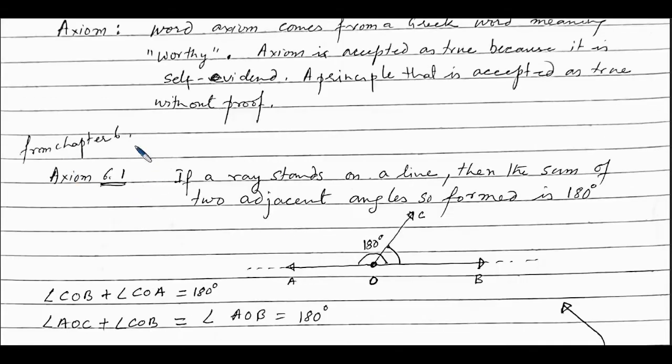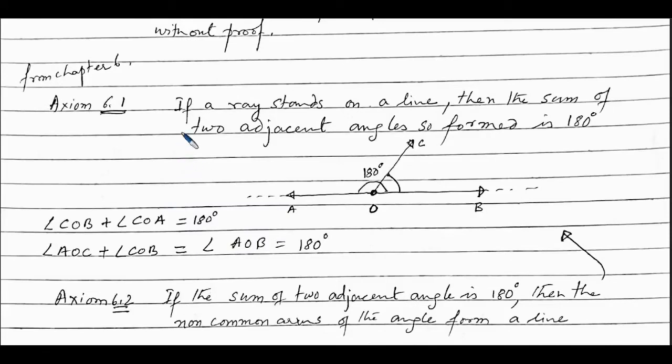Now I am dealing with chapter 6, and when I say 6.1, that is axiom number 1 of chapter 6. This will be easy for you to go back to your textbook, that's why I am writing these numbers also. So it says, if a ray stands on a line, then the sum of two adjacent angles so formed is 180.